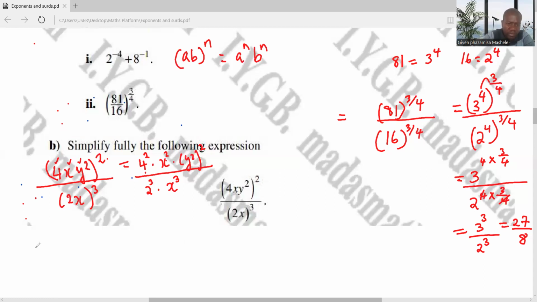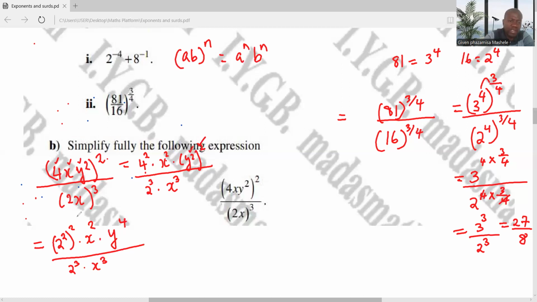But I said we can expand 4 as 2 to the power of 2, and this to the power of 2 there, times x to the power of 2 times y to the power of 2. Remember, we have multiple powers, there's a 2 and there's a 2 there. We can multiply them. This gives us 4. Divided by 2 to the exponent of 3 multiplied by x to the exponent of 3.